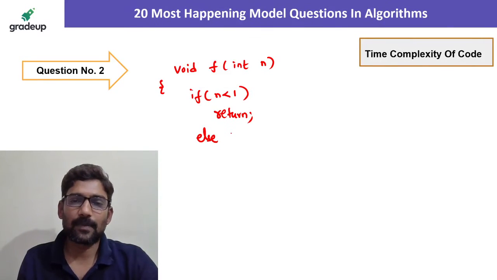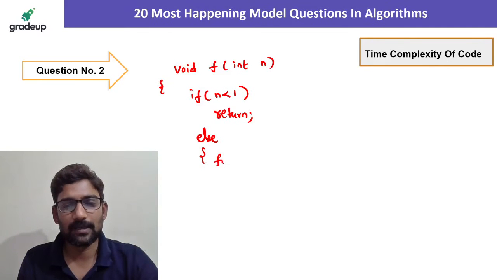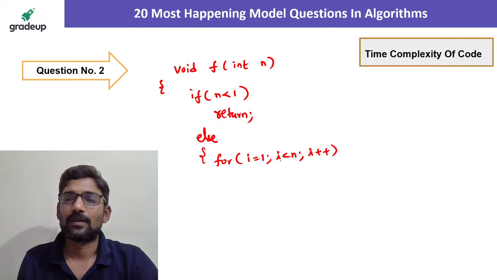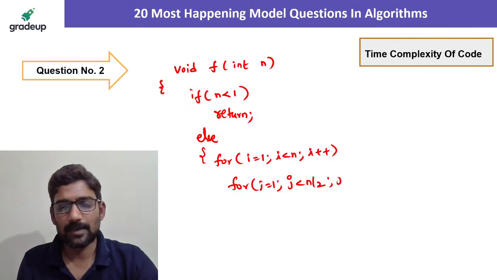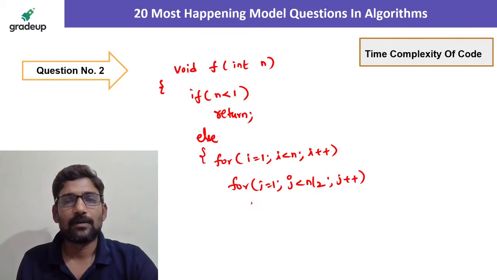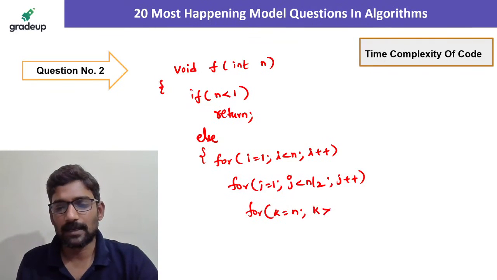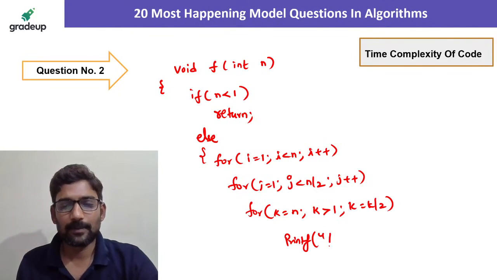Let's say you may be having something for i = 1, i < n, i++, for j = 1, j < n/2, j++, for k = n, k > 1, k = k/2, printf("%d", i + j + k).